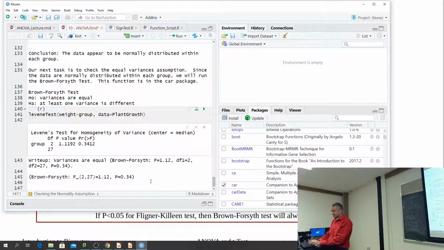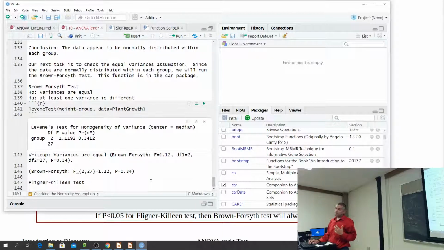But let's say you questioned whether or not that second one was normally distributed, and you didn't want to make a mistake. You didn't want to commit a type 1 error, or just any error in that sense, all because it was non-normal.